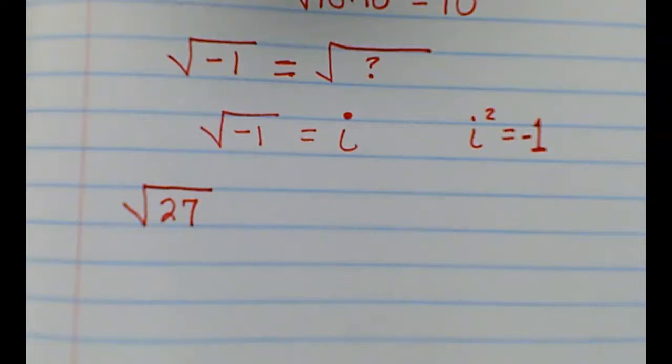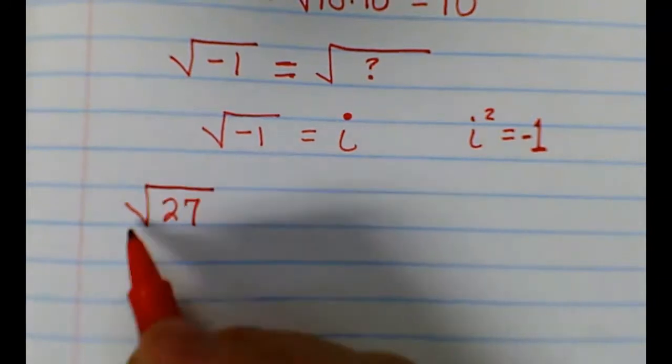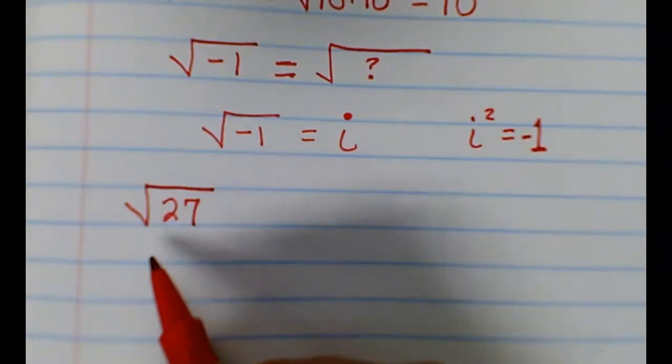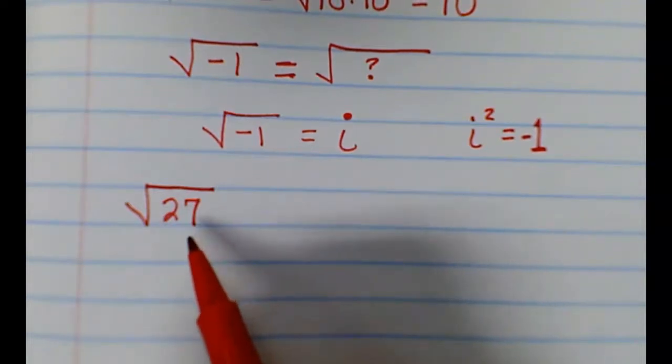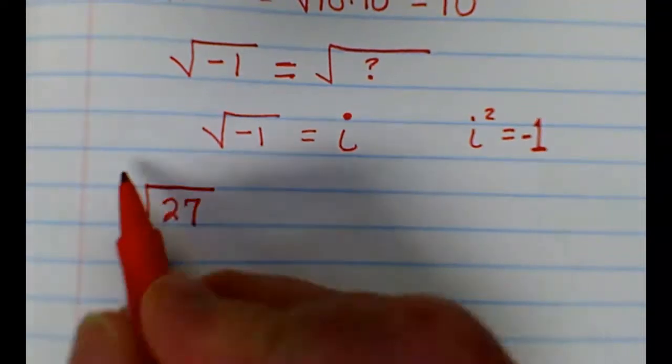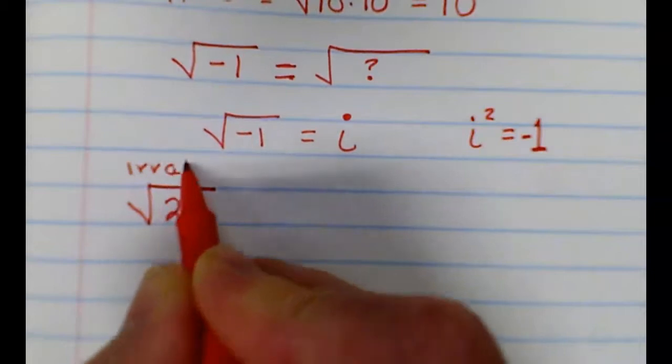Well, 5 times 5 would equal 25, and 6 times 6 would equal 36, and so the square root of 27 is in between there somewhere. This is not going to be a whole number. This is going to be a non-terminating, non-ending decimal number. This is an irrational number.